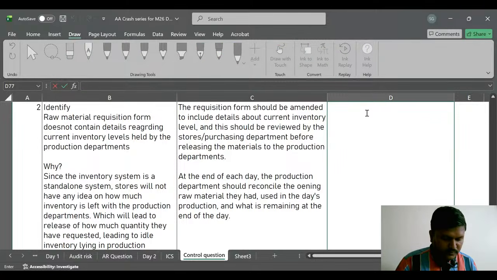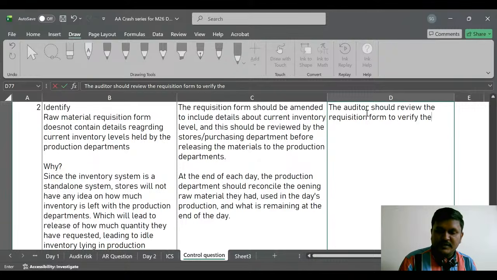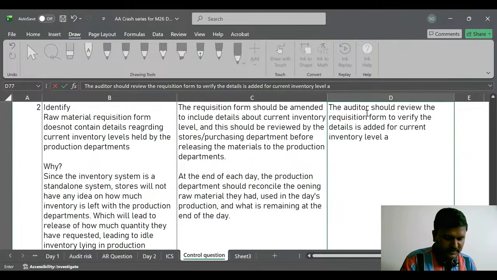So what will you do? Okay, the auditor should review or inspect, whatever term you prefer, the requisition form to verify that details are added for current inventory level at the production departments.